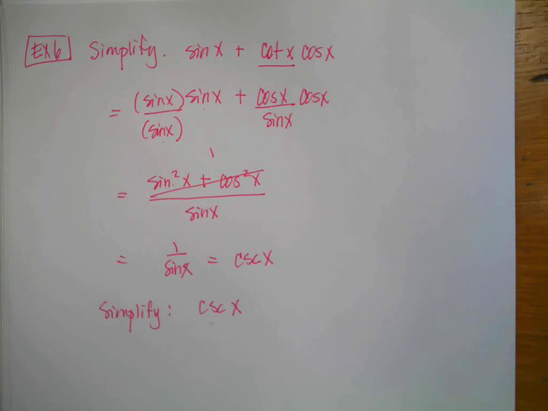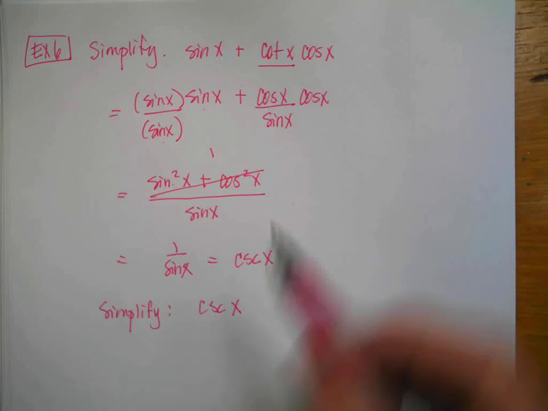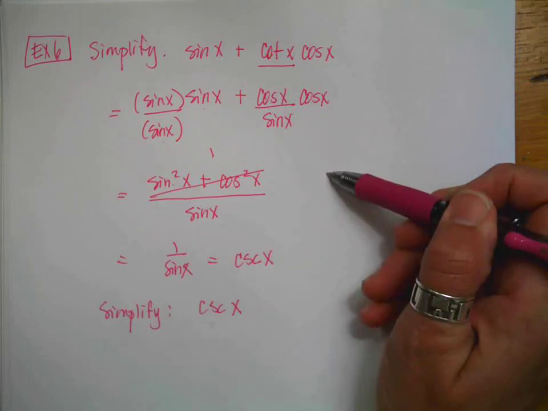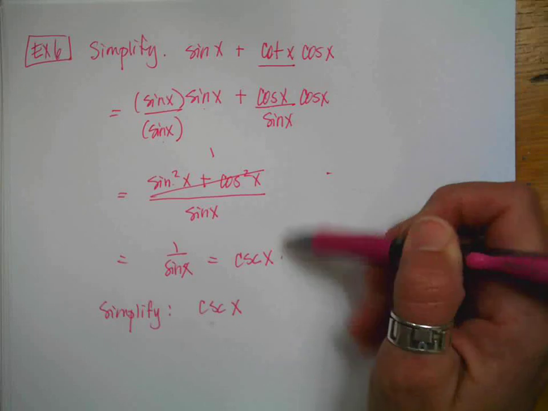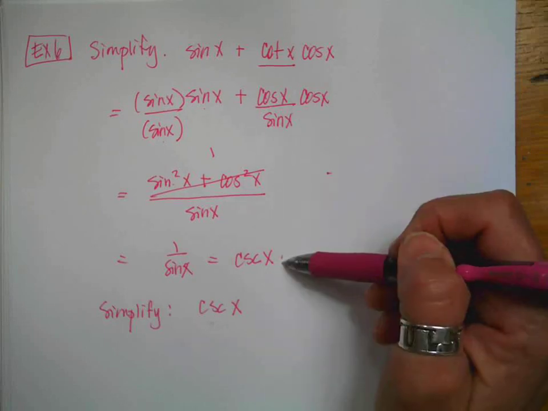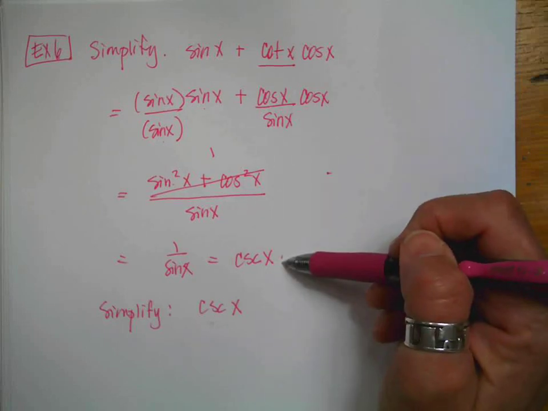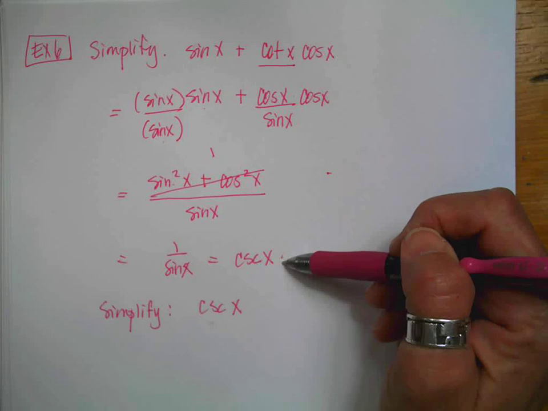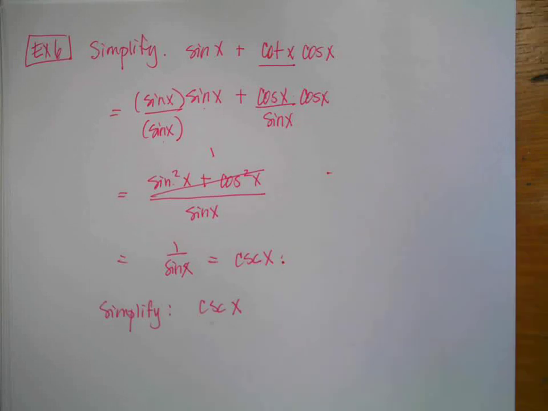The more you do, the better you'll get. The thing that's frustrating about identities is there's multiple ways to do a problem, but your process has to justify your answers. You always have to show all of the math that you've done, kind of like a geometric proof. You have to show all of the steps to prove that something is true.